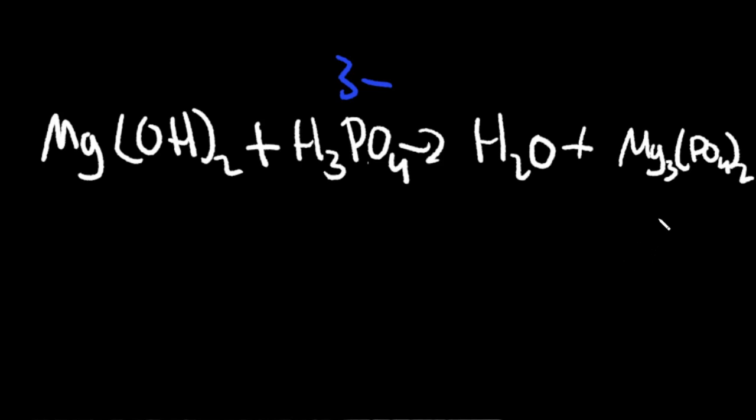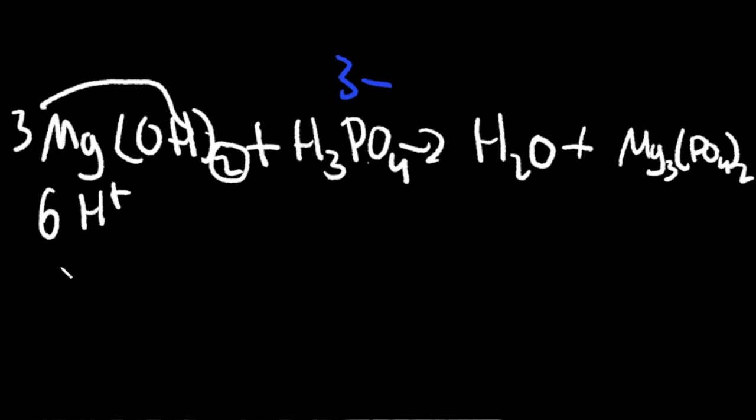So how do we start? We can start by balancing out the magnesium. There's 3 magnesium and 1 here, so you just add 3 over here, and you can just combine the number of H, which is 3 times 2, which is 6 H plus, and actually you can also add 3 hydrogen ions, which is 9 H plus total here.